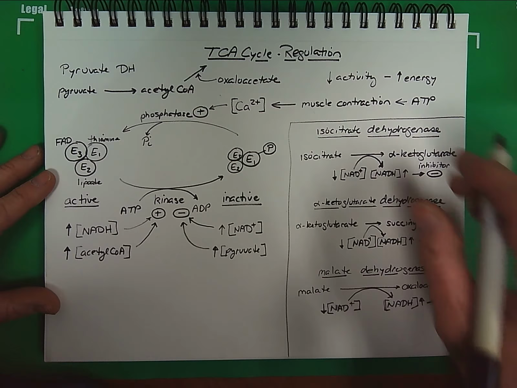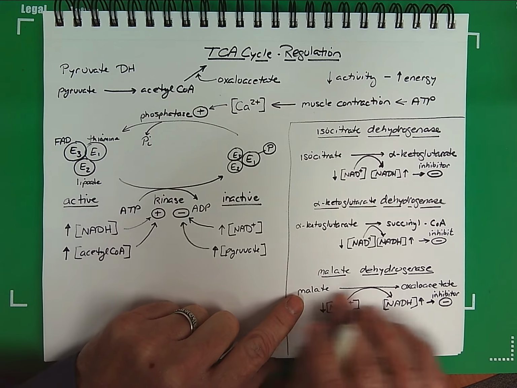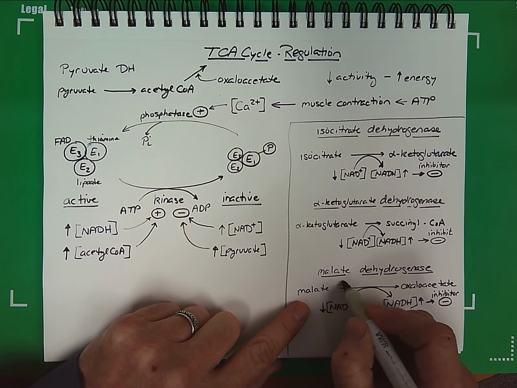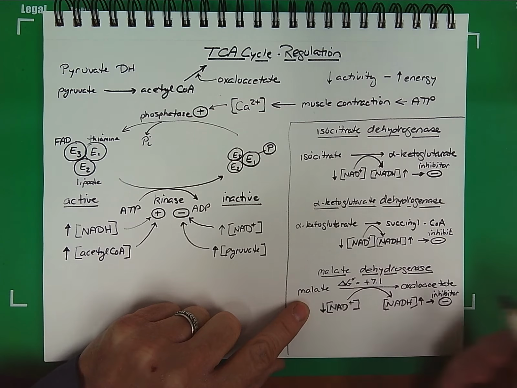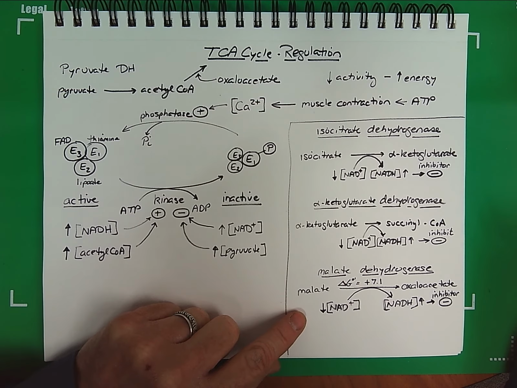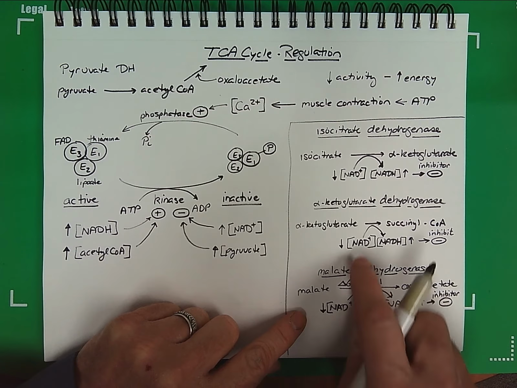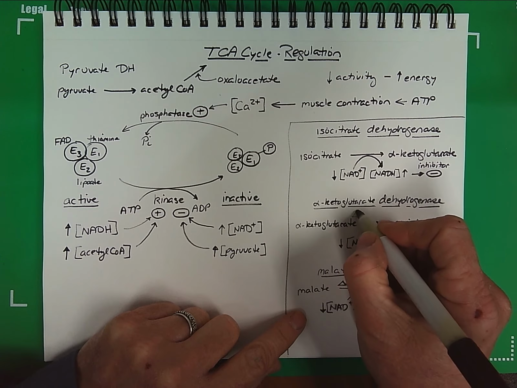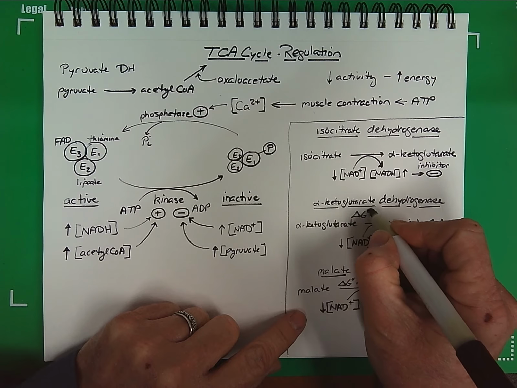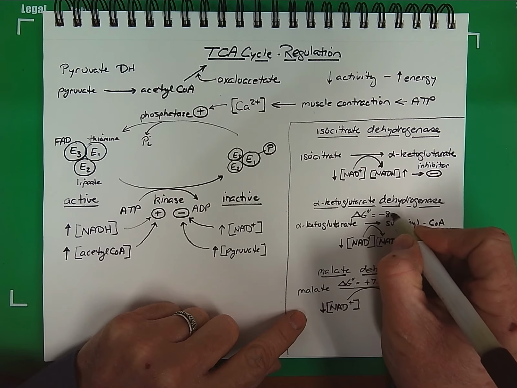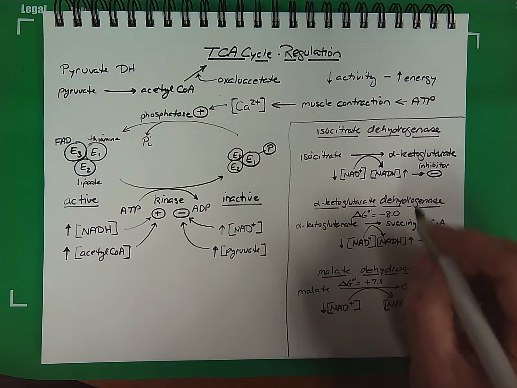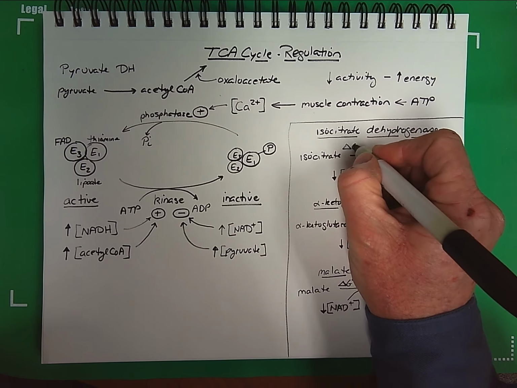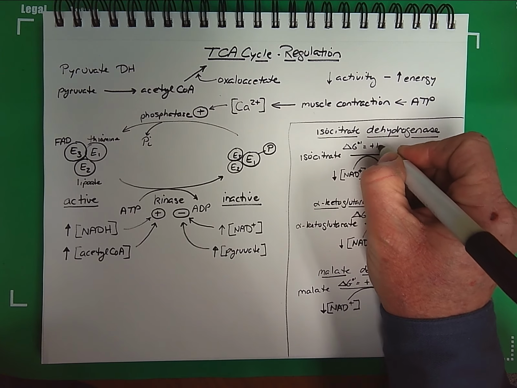Now, one point to note is that the forward reaction from malate to oxaloacetate has a standard free energy of a positive 7.1. The previous two reactions: this reaction has a standard free energy of a negative 8.0, and this reaction has a standard free energy of a positive 1.5.